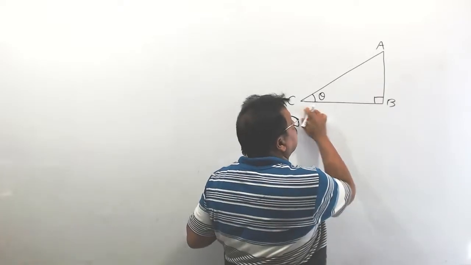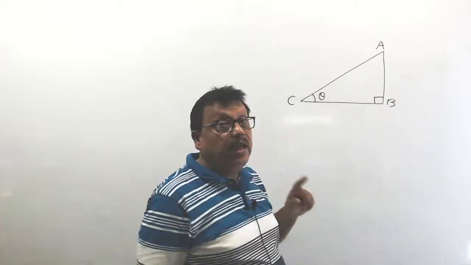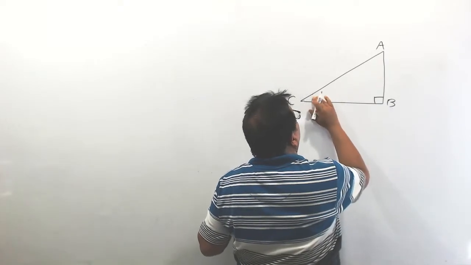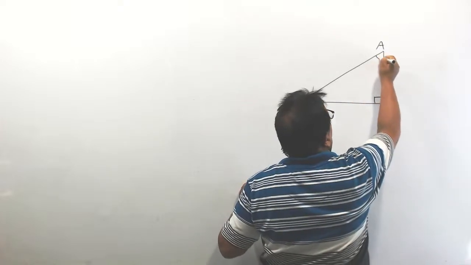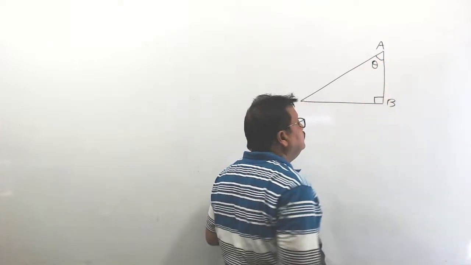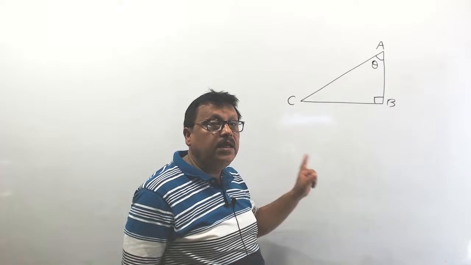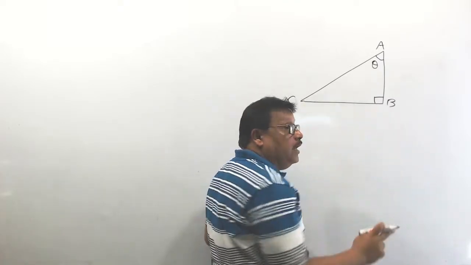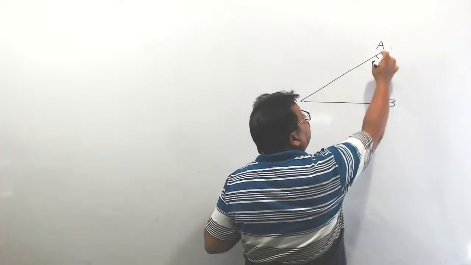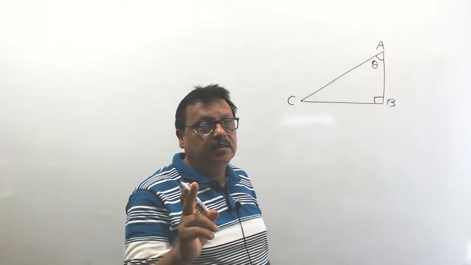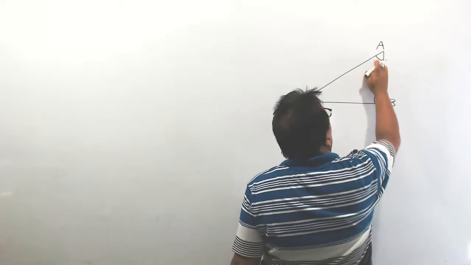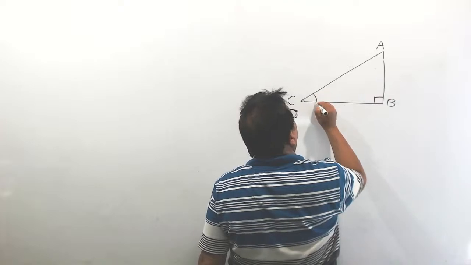Then you consider this side as the base. Now say theta is not lying here, theta is lying here. Follow it carefully. Then BC will be the height and AB will be the base. Remember this. Clear? But we are considering theta here.